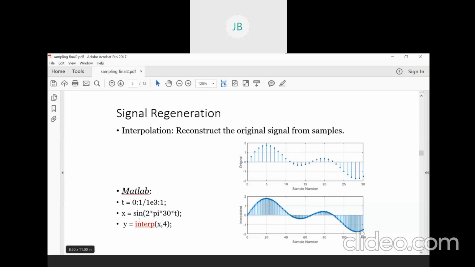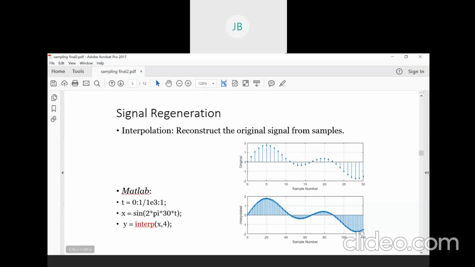So interpolation is done with the help of this command, interp. The first line here, t is equal to 0 to 1, varying with the increment of 1 by 10 power minus 3. So this is the time variation, and x is equal to sine of 2 pi, some frequency 30, and time.